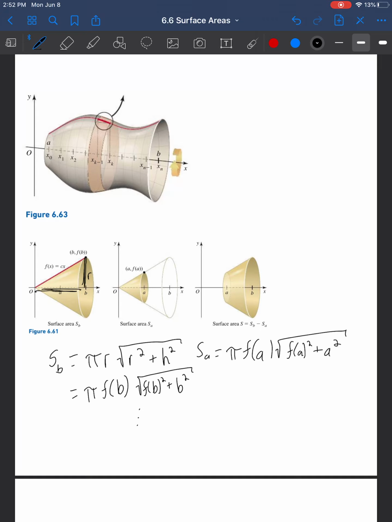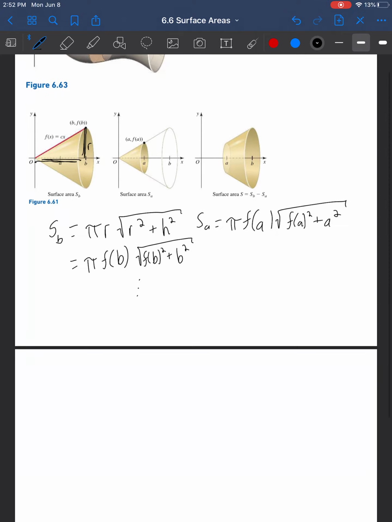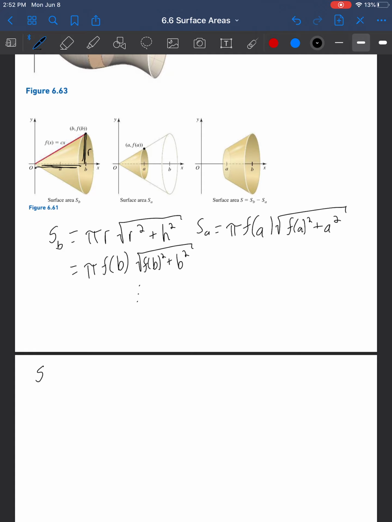But I'm going to be a bit hand-wavy so we can just get a basic idea of where this formula comes from. You never really want to use formulas that you don't know where they come from, because then you don't know if you're getting strange results or maybe the formula doesn't quite work for certain problems. So that's why I'm going through this.